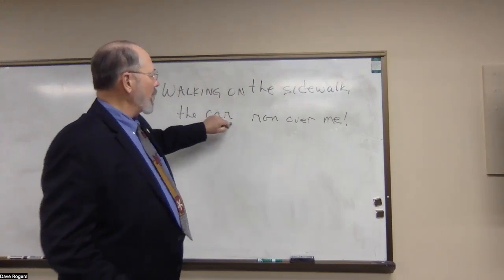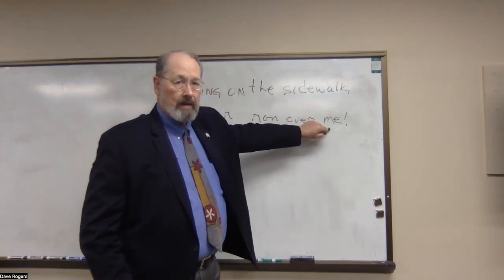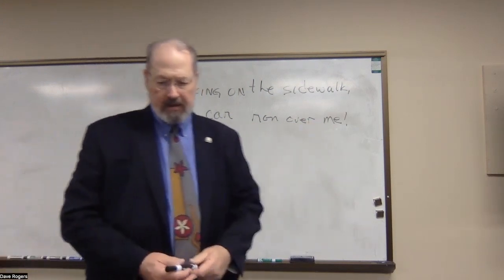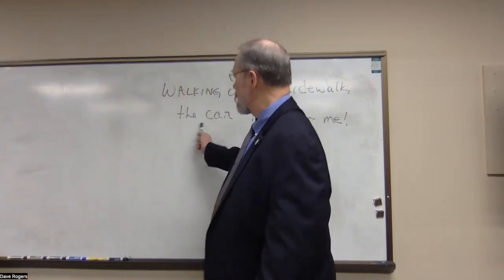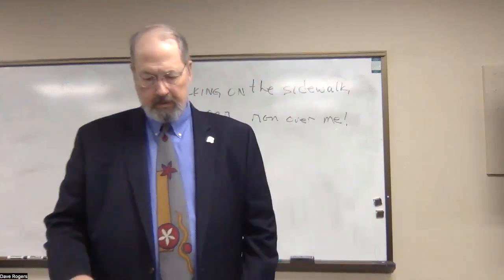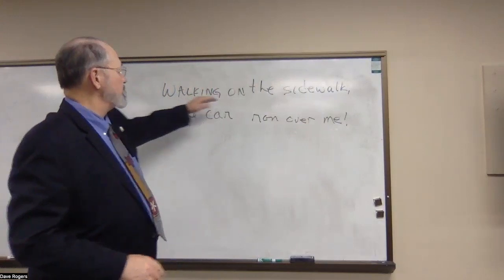See, the car is the actor. I'm not the actor. I'm the object. When the subject of the main clause, the car, is not the doer of the action, the verbal phrase, this phrase is dangling.